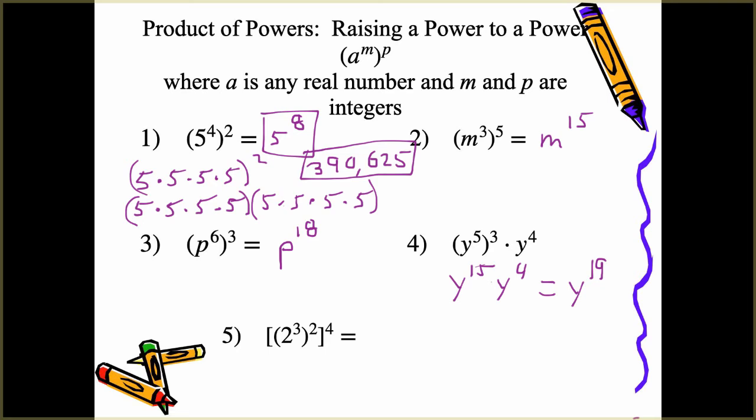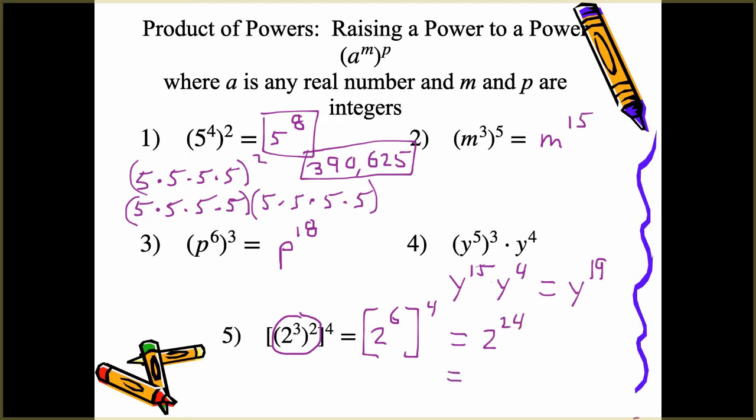So in this case, I'm going to take 2 cubed squared, all raised to the 4th. I'm going to take this first part right here. We have 2 cubed squared, and so we multiply the 3 and the 2 together, and we get 2 to the 6th. This is still all raised to the 4th. Then we bring this power in, we multiply the powers together, we get 2 to the 24th.